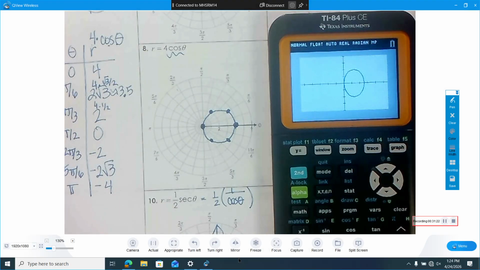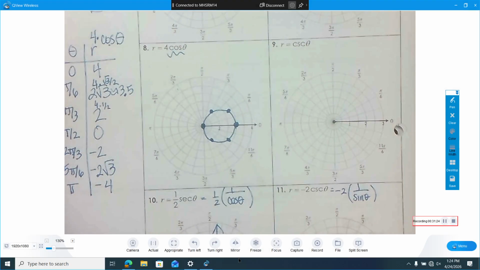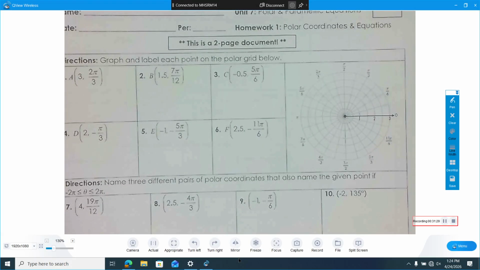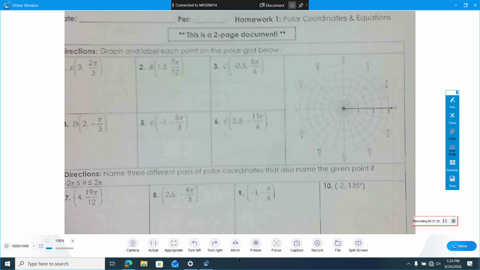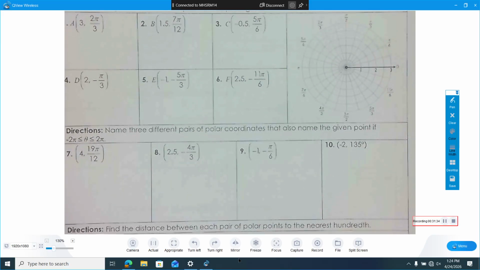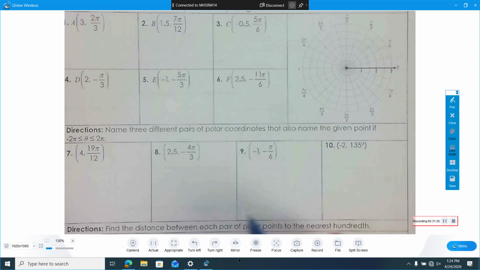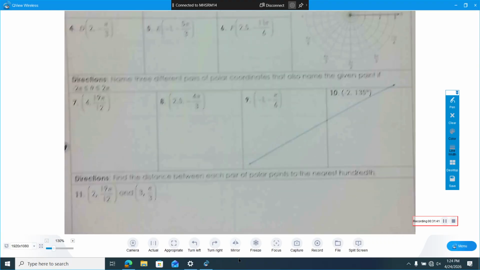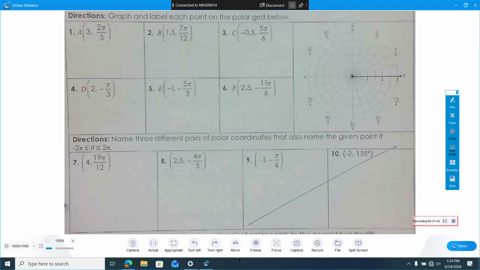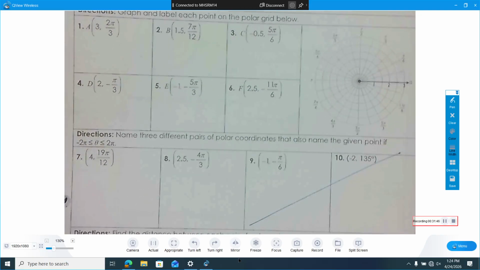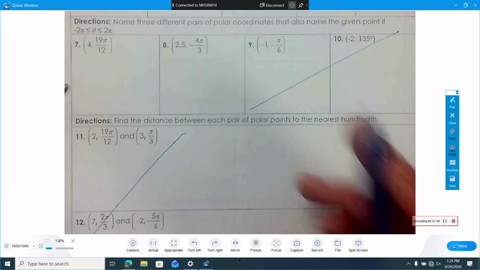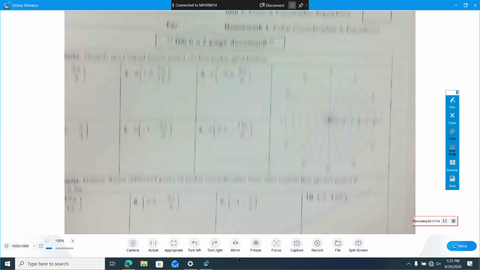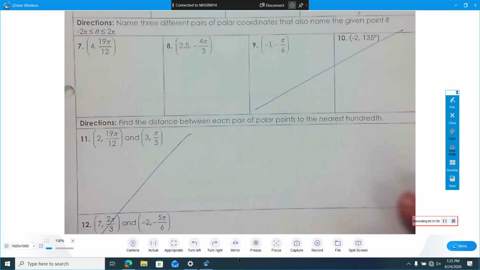Okay. You guys have a homework assignment in here, so I need you to turn to it so you know what to do and what not to do. So you can cross off number 9 and number 10. Just turn the page, the next page. You can cross off 9 and 10. You can cross off 11 and 12.